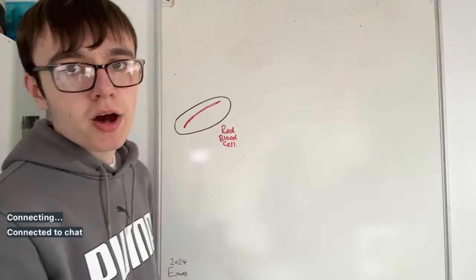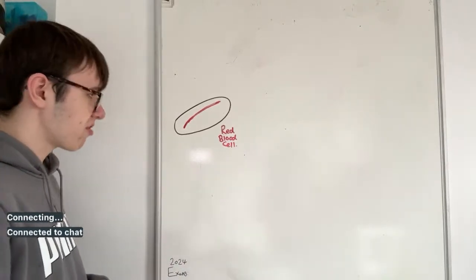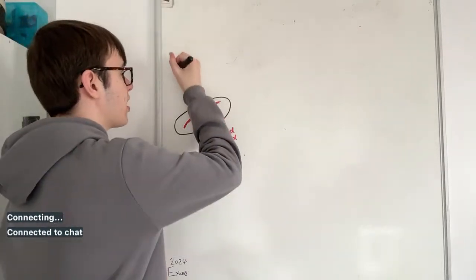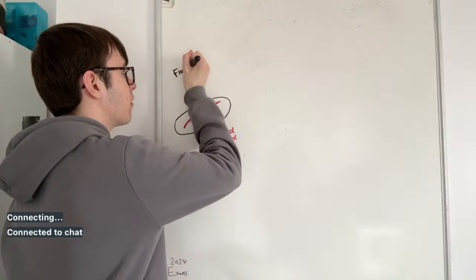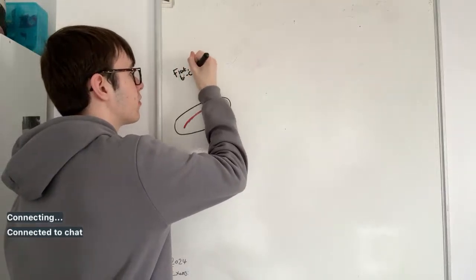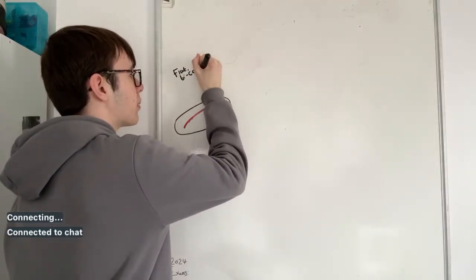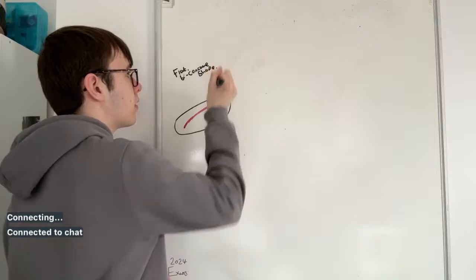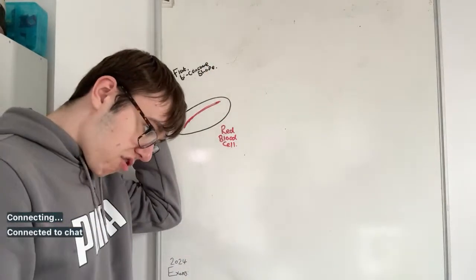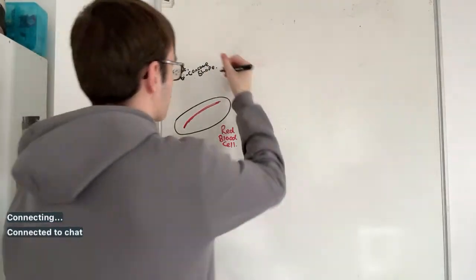Red blood cell. Okay. First of all, red blood cells have a flat, biconcave shape. This basically just increases the surface area.